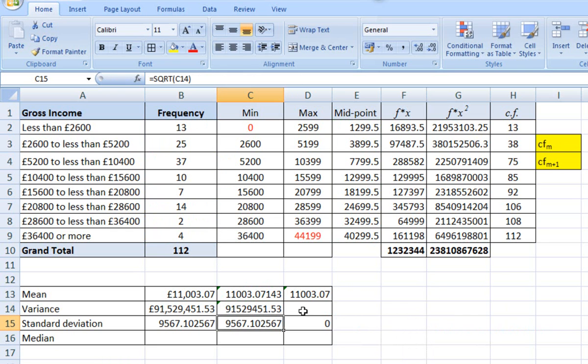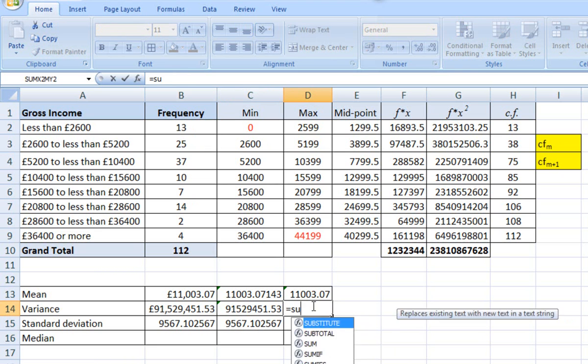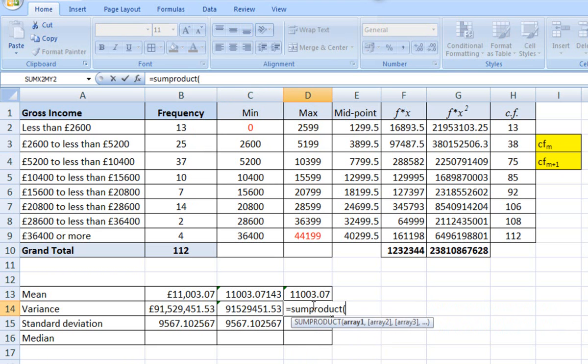We can equally assume that the midpoints are made up of the minimum and the maximum, square them, and then do the sumproduct of the frequency. So equal sumproduct of the frequencies, comma. Now here we have to do a double opening of the bracket, the minimums plus the maximums divided by 2, the whole thing to the power 2.